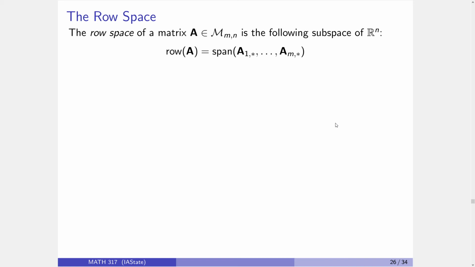If you let your mind float back, I talked about this idea of the fundamental subspaces associated with a matrix. Given a matrix, there are two fundamental subspaces: its column space and its null space, and we see them on display in the rank nullity theorem.